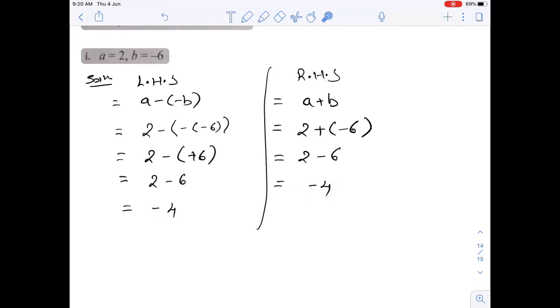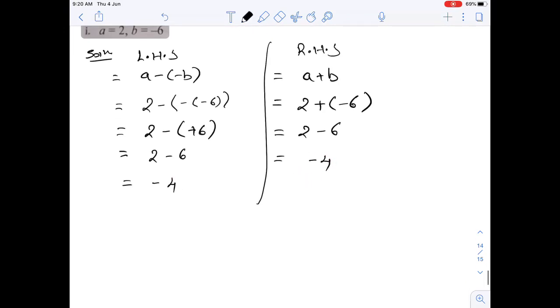So what we will write here further, since minus 4 is equal to minus 4, that is both the numbers are equal to each other. We can write since LHS, that is value of LHS, which is minus 4, is equal to value of RHS, that is again minus 4.